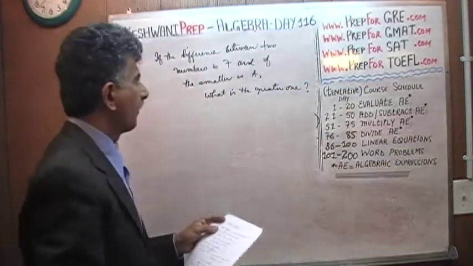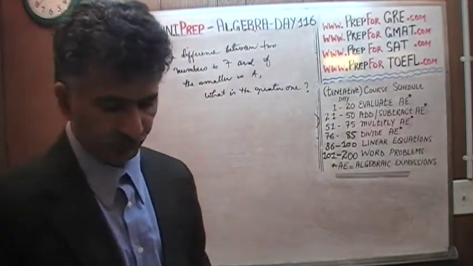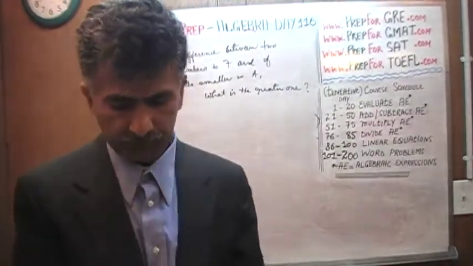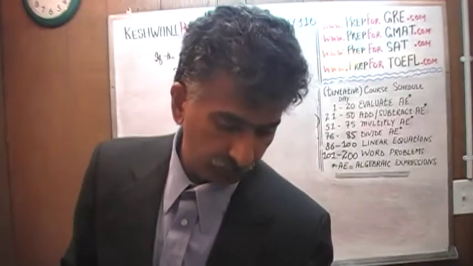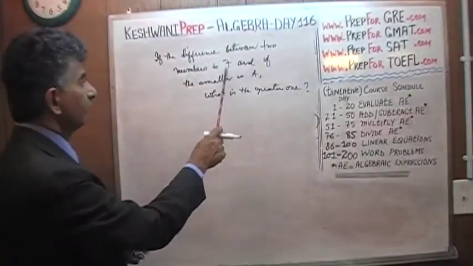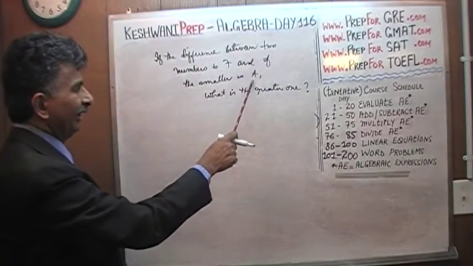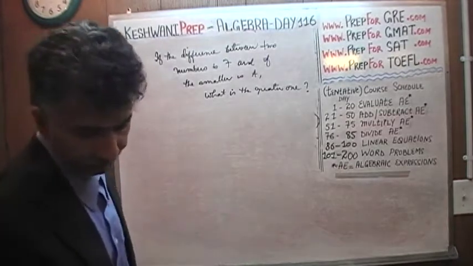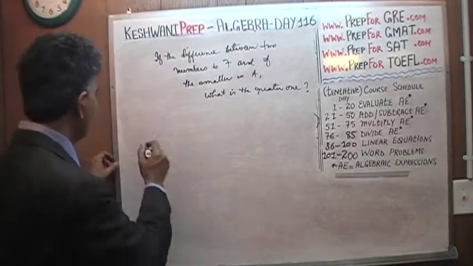That's all. I'm going to read one more time. If the difference between the two numbers is 7, and if the smaller one we are told is A, what's the greater one? Let's do it, shall we?